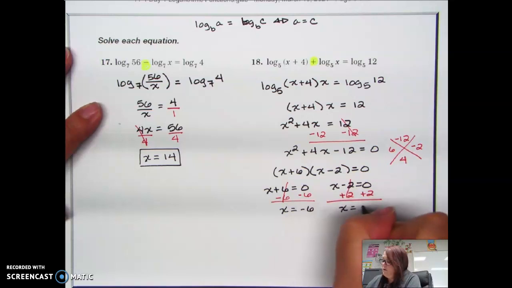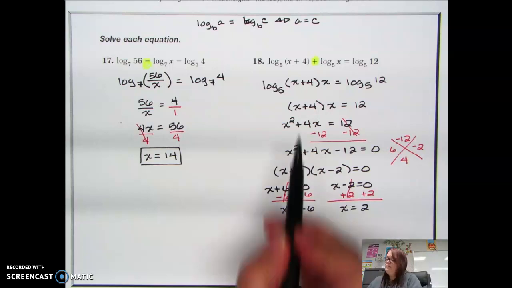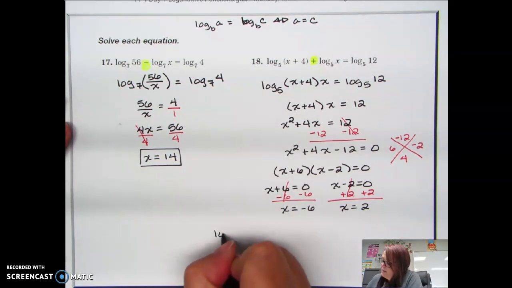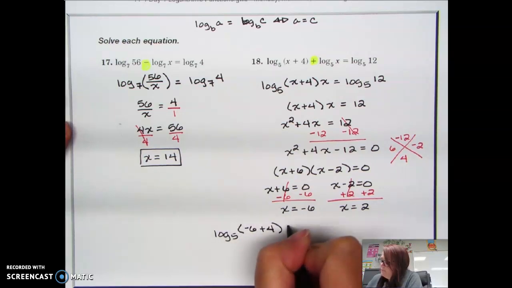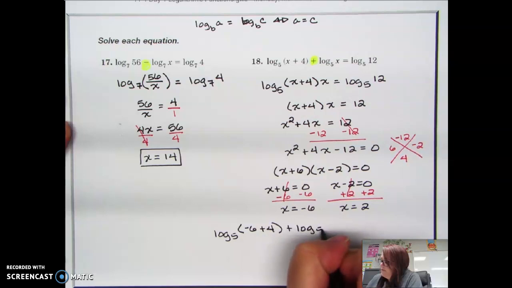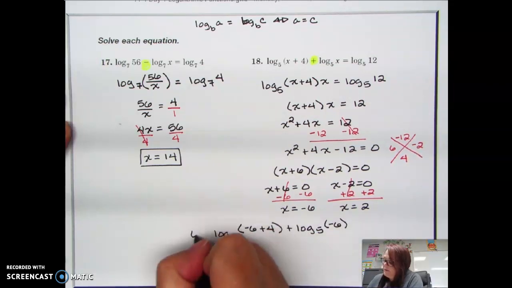Now we need to make sure before we box these answers, are they part of my domain? Notice if I plug in negative 6, then I'm taking the log base 5 of negative 6 plus 4 plus the log base 5 of negative 6. And I cannot take the log of a negative number.